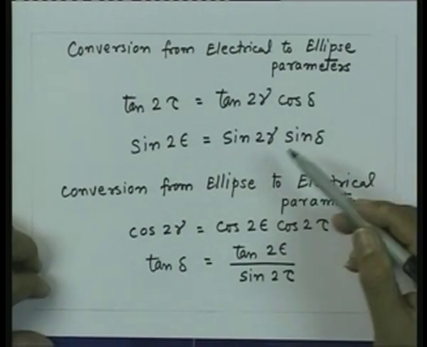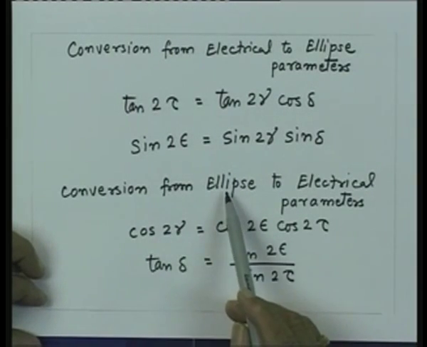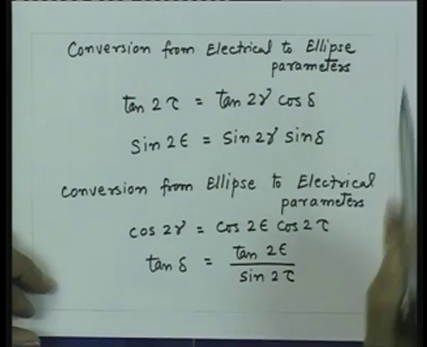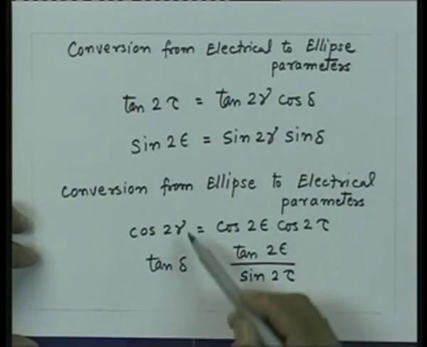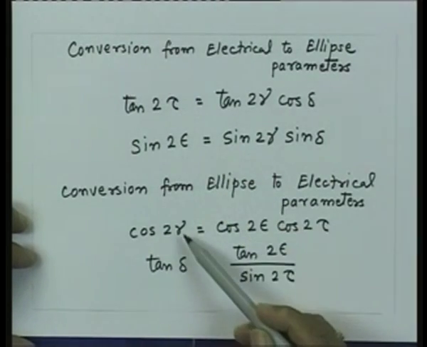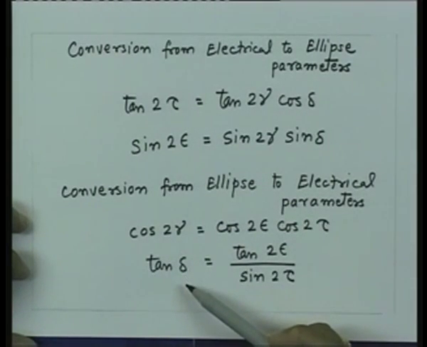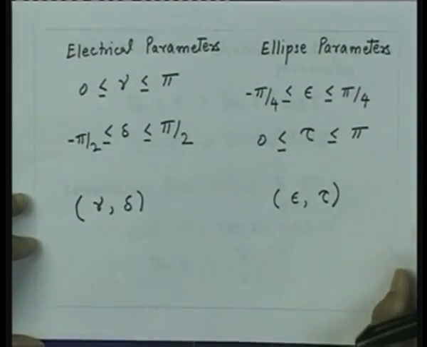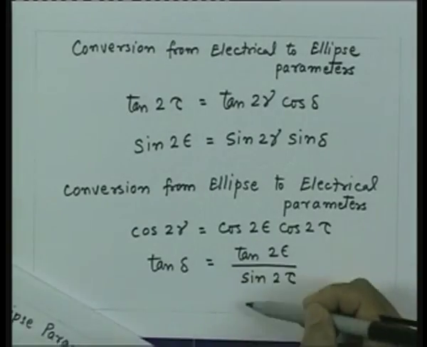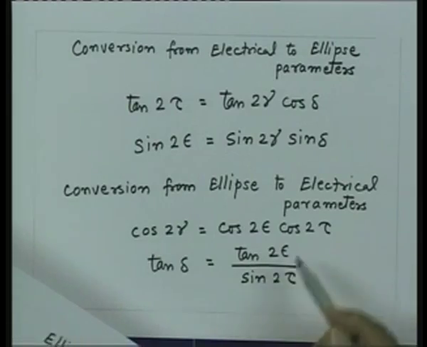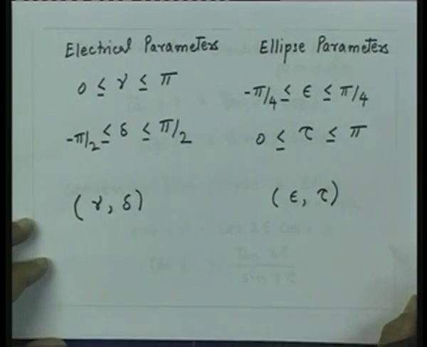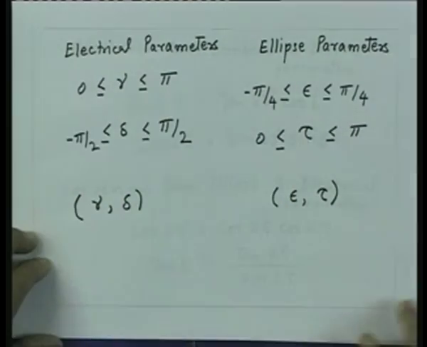Using these relations, I can convert from ellipse parameters to electrical parameters or vice versa. While choosing the values of tau, epsilon, gamma and delta, it should be kept in mind that the range of these quantities is given by this. Depending upon the sign of these quantities, you will have multiple choices, so we choose the values so that they lie in this range.